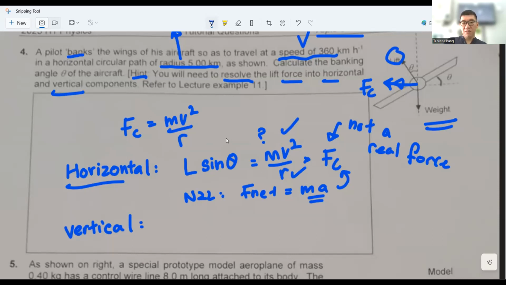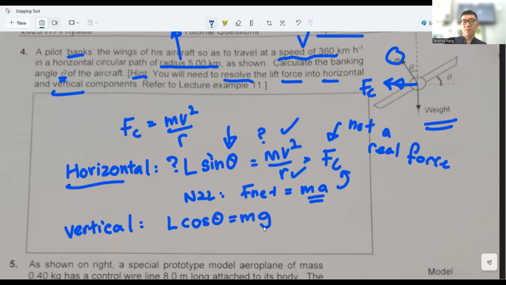You don't know your theta. Theta is what you need to find, so put an arrow there. That's your goal. You don't know your L, so put a question mark. And vertically, L cosine theta equals mg, because you're looking at the vertical direction.